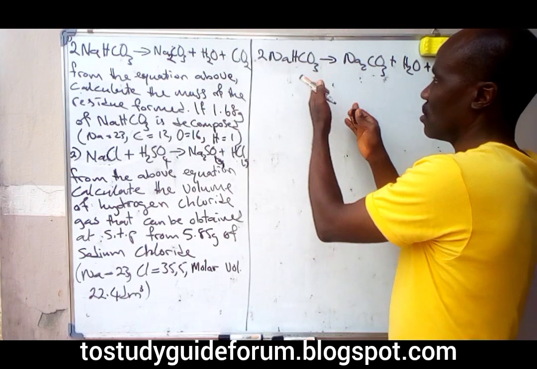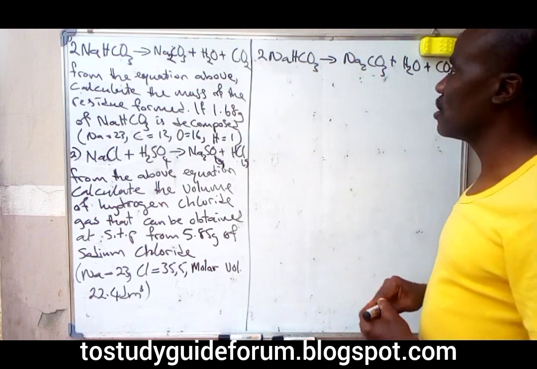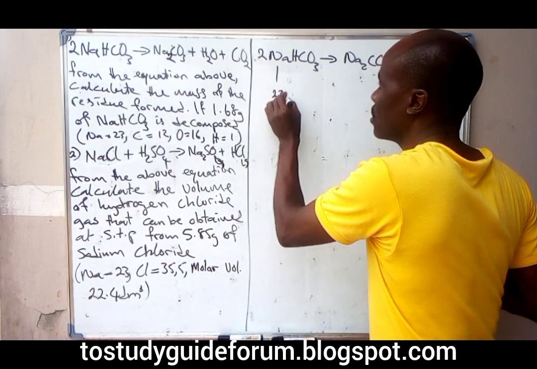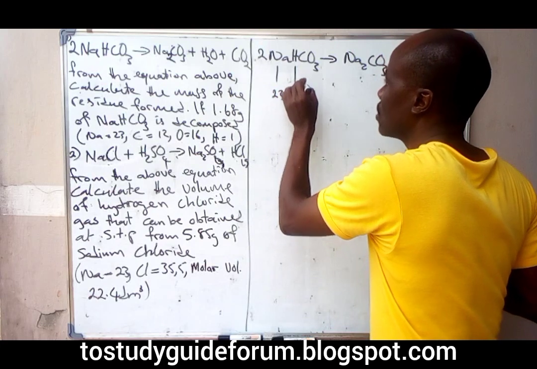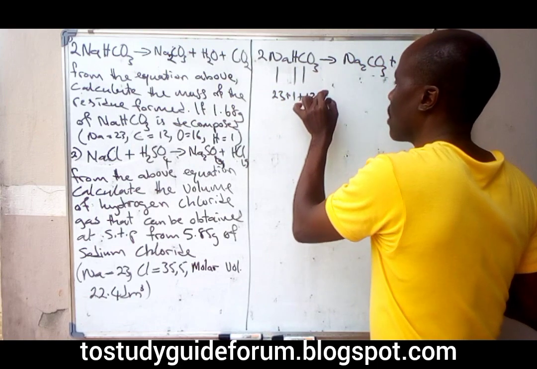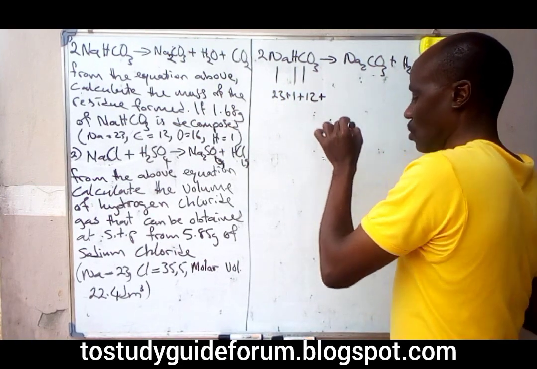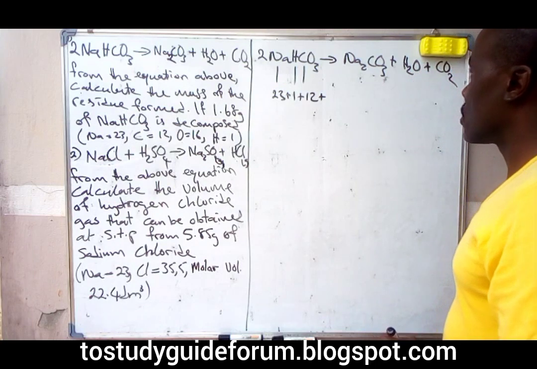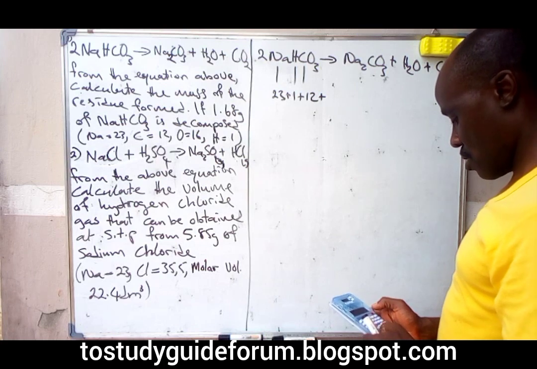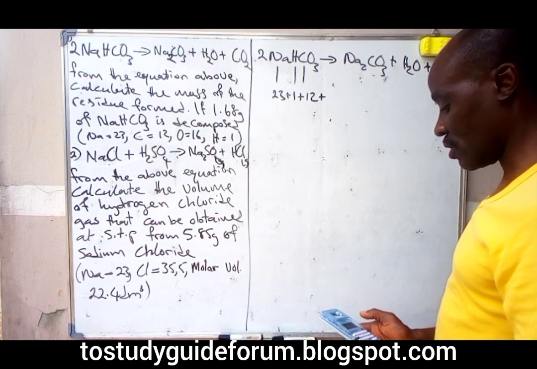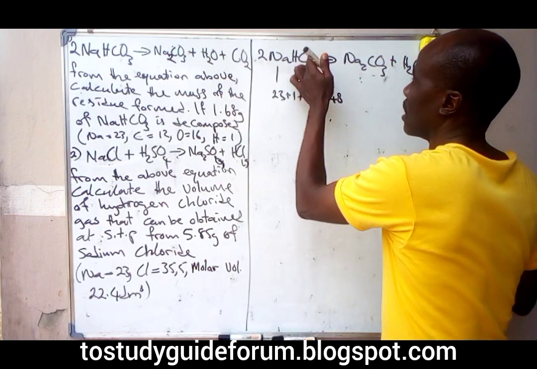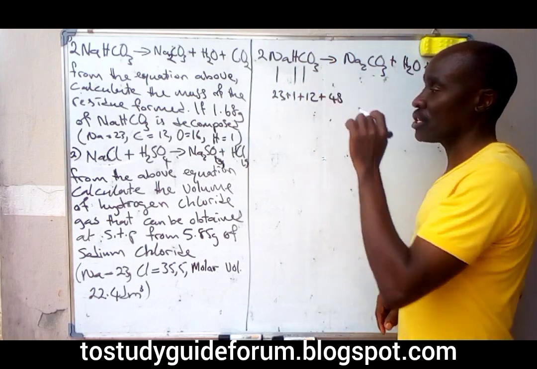From this balanced chemical equation, note something: sodium here is 23, hydrogen is 1, carbon is 12, and oxygen is 3 times 16, which gives us 48. Sorry, not 46, 48, because oxygen is 16.